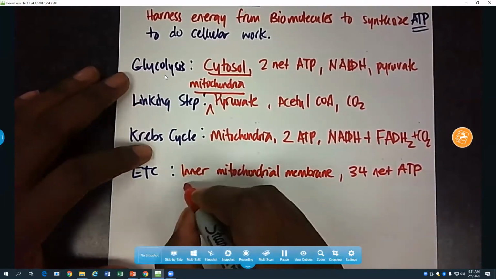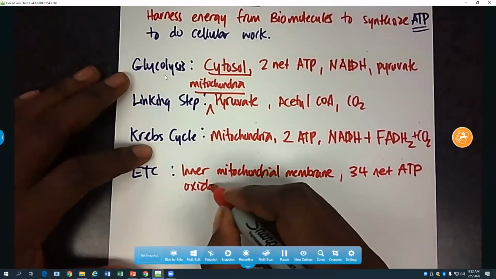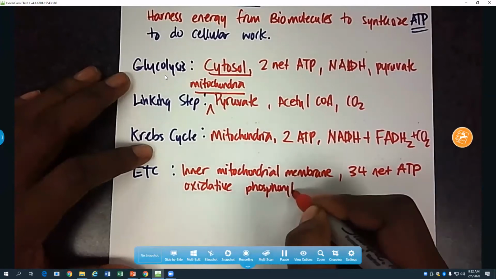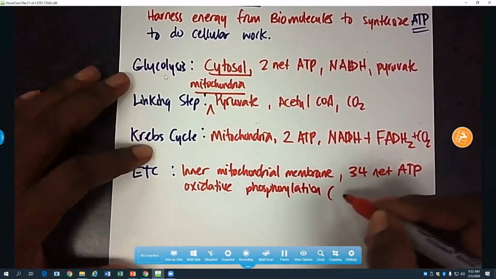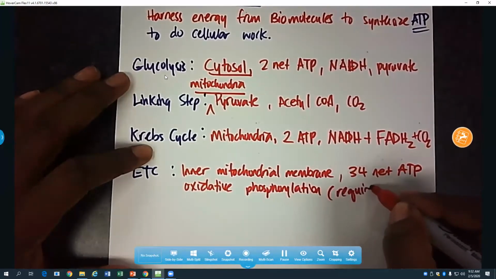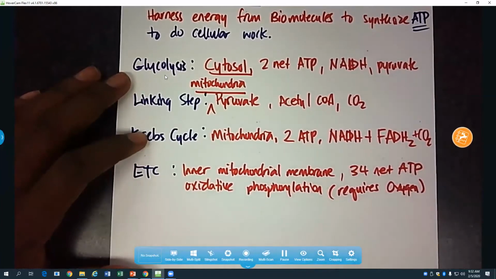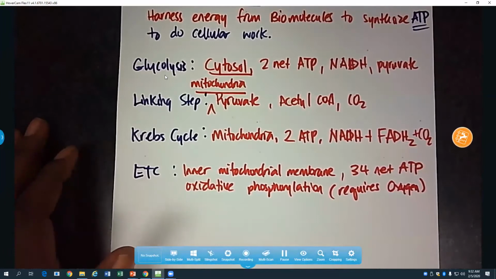And this uses oxidative phosphorylation, which we know requires oxygen. Okay, this is where oxygen becomes that final electron acceptor.